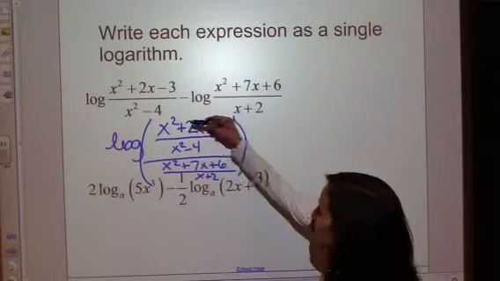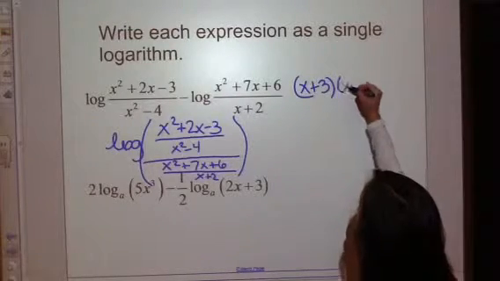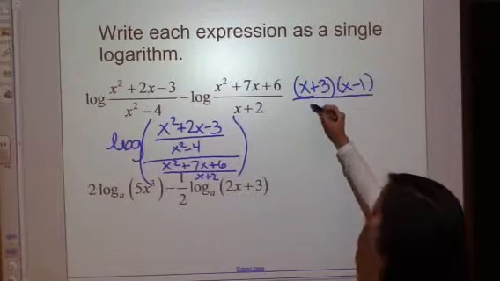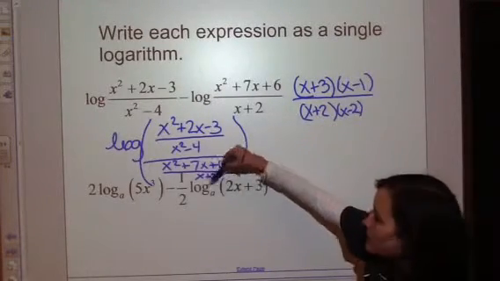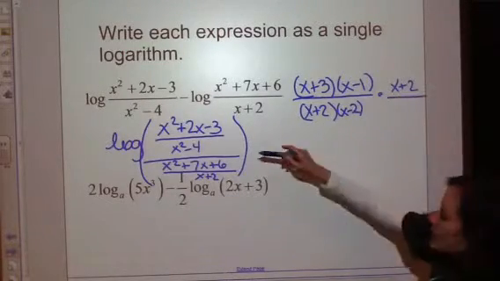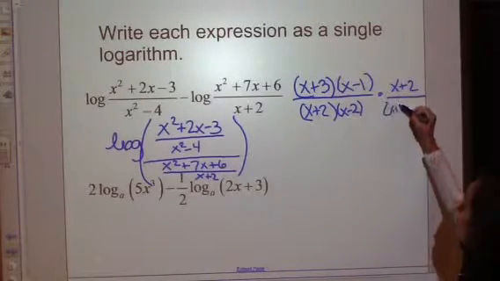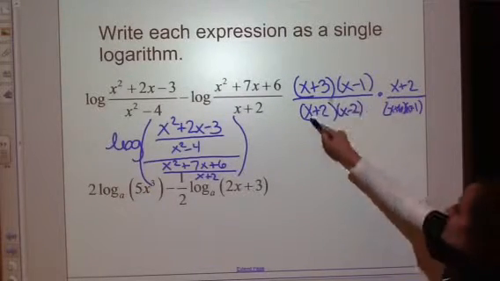So, you learned that you could factor the top to x plus 3 and x minus 1. That your bottom is x plus 2 and x minus 2. And then this part, you flip the fraction and multiply. So x plus 2. This part factors to x plus 6 and x plus 1. So you can cross out those.